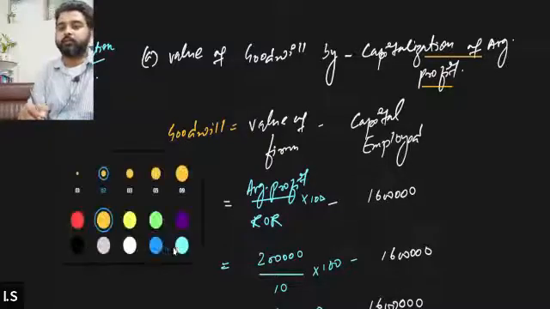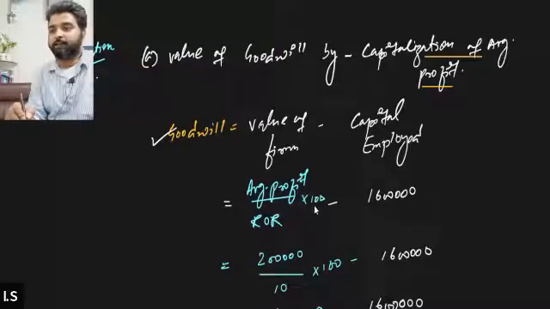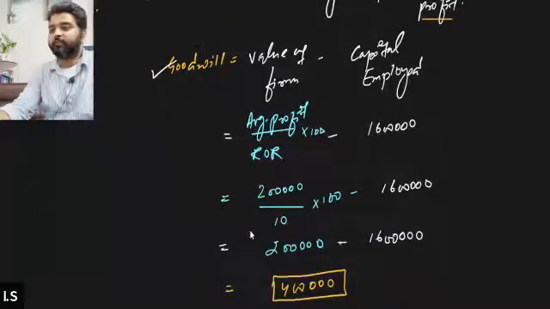We will apply the same formula that we applied in the previous question. Goodwill equals value of the firm minus the capital employed. For finding the value of the firm, we divide the average profit by the rate of return available in the market, multiplied by 100. And when we subtract the capital employed out of it, we get the value of the goodwill by the capitalization of the average profit.